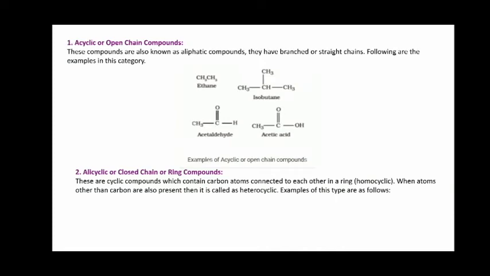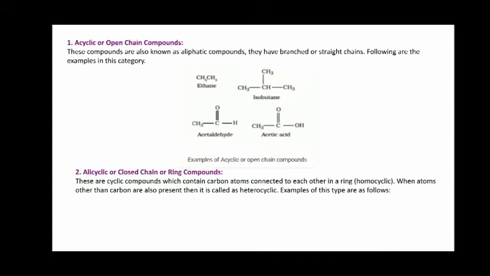We can give a straight chain, then followed by a branched chain, like isobutane. Similarly, if we are going to see acetaldehyde, a carbonyl compound, we can represent it as acetic acid. Both are derivatives of a carboxylic group. Okay, acetaldehyde and acetic acid. So these are acyclic or open chain compounds.